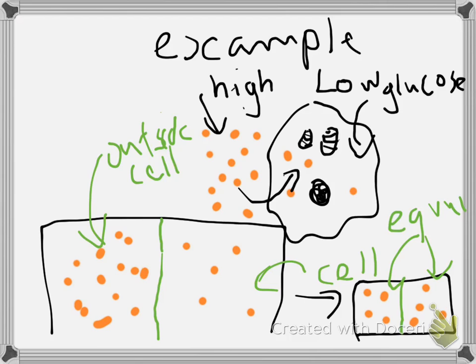So that means that the high side must be losing some molecules, and the low side must be gaining some molecules, which basically means that the molecules move from high concentration to low concentration until they're both equal. But of course, they may never become equal.